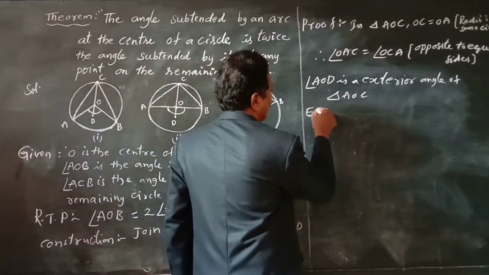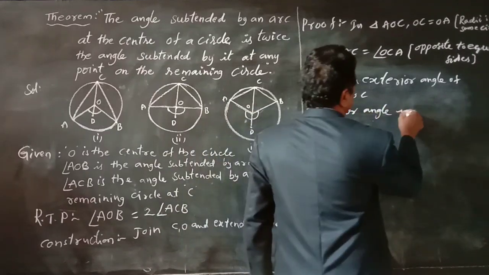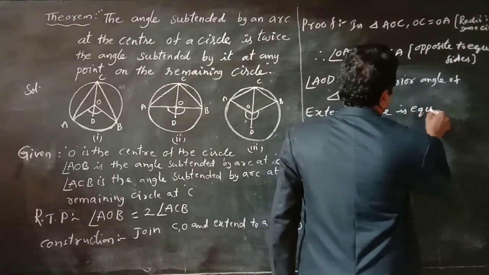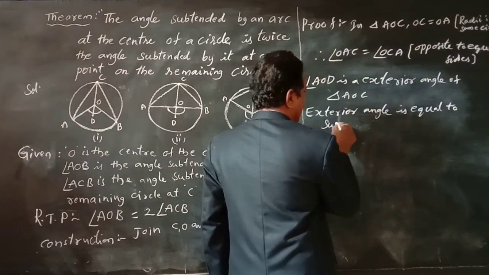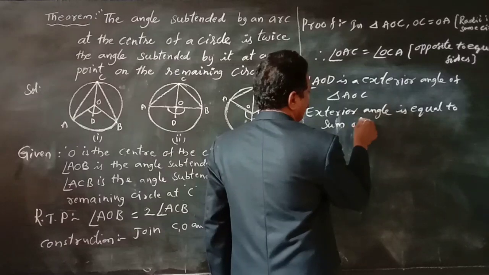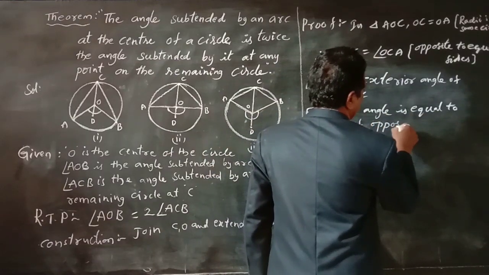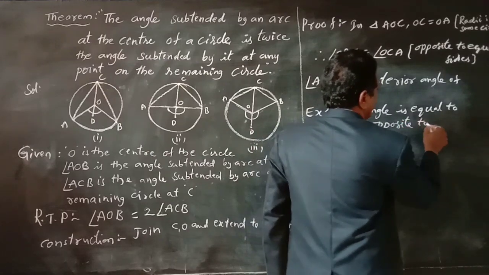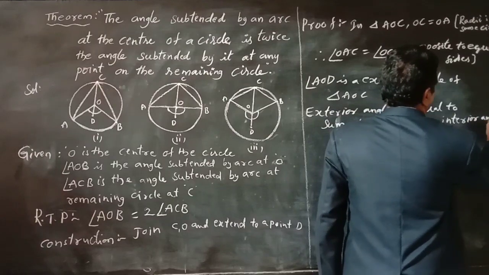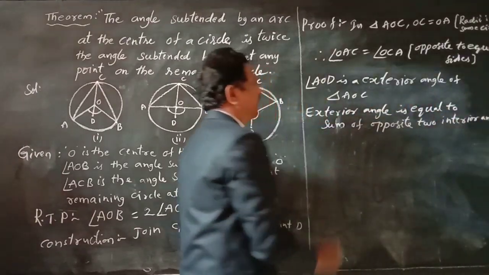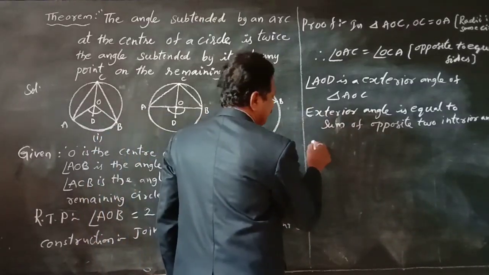The exterior angle is equal to the sum of the opposite 2 interior angles.